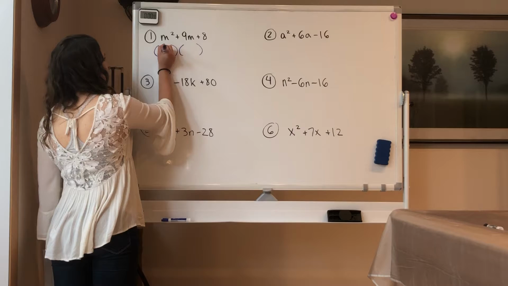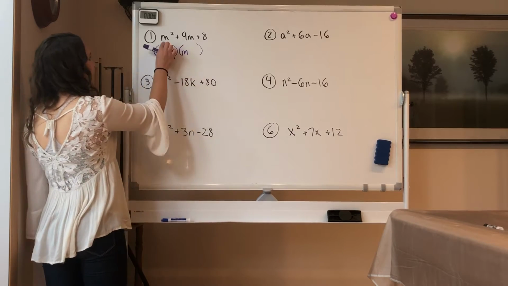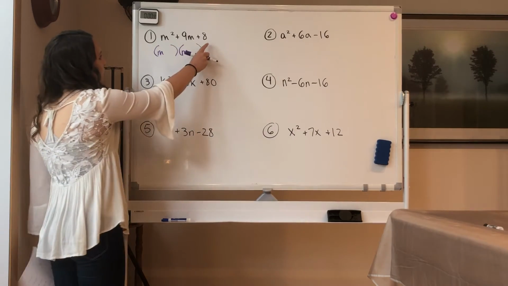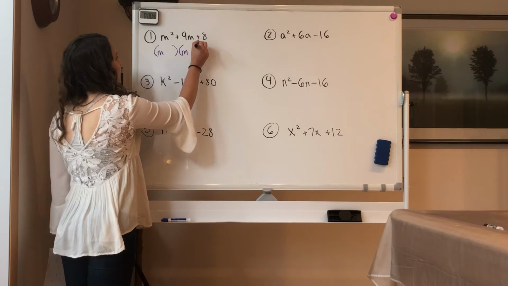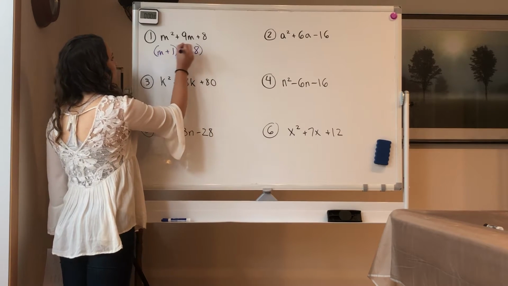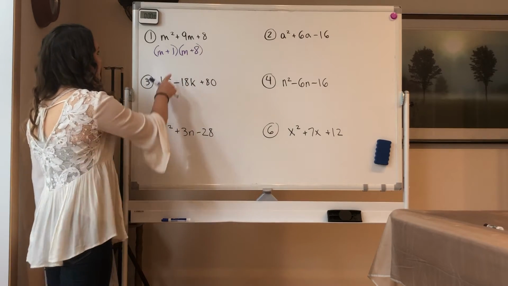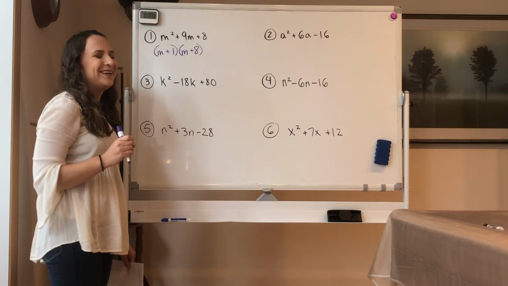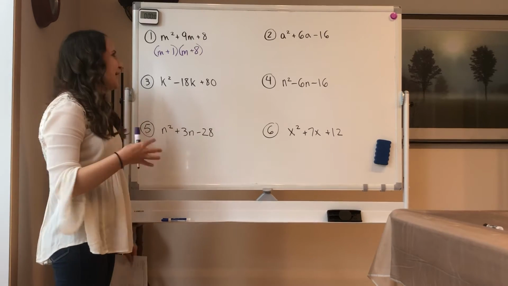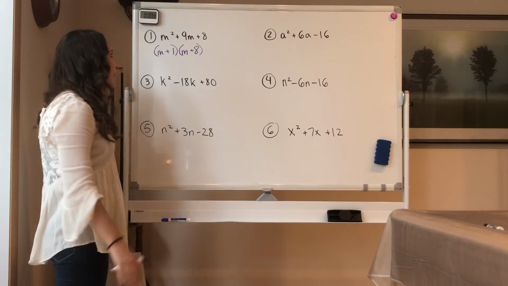We need to write m and m because m times m is m squared. What two numbers multiply to 8 and add to 9? That's 8 and 1, and both are going to be positive, because 8 and 1, when you multiply them, you get 8, and then 8 plus 1 is 9.